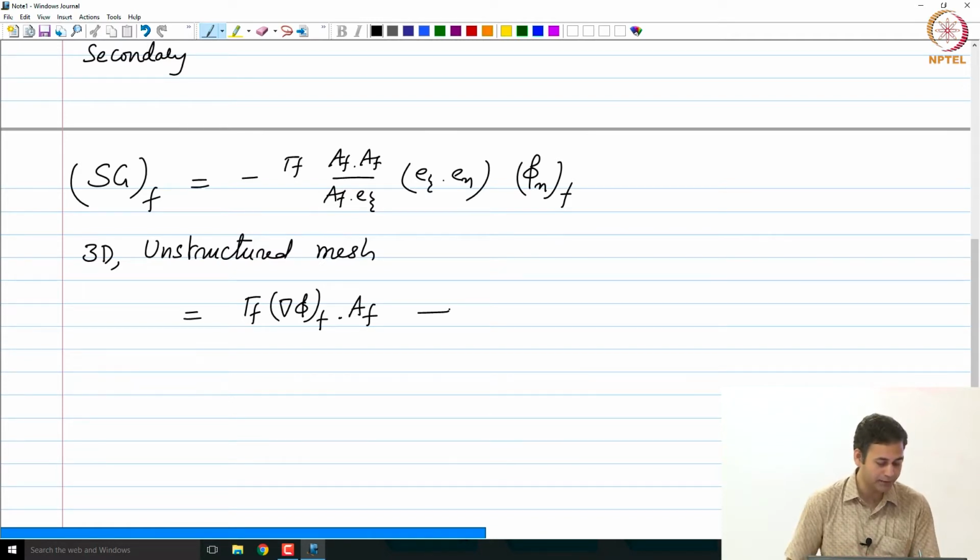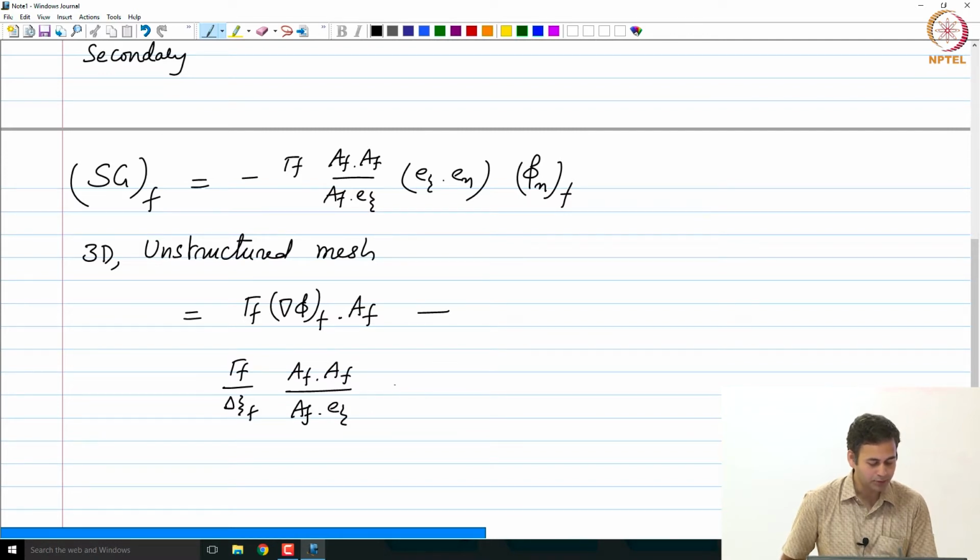So, this minus the gradient in the primary direction would be gamma f upon delta xi f, A f dot A f upon A f dot e xi, times grad phi f, which we would calculate on the face. Then, we subtract off the gradient in the primary direction, which is e xi times delta xi.